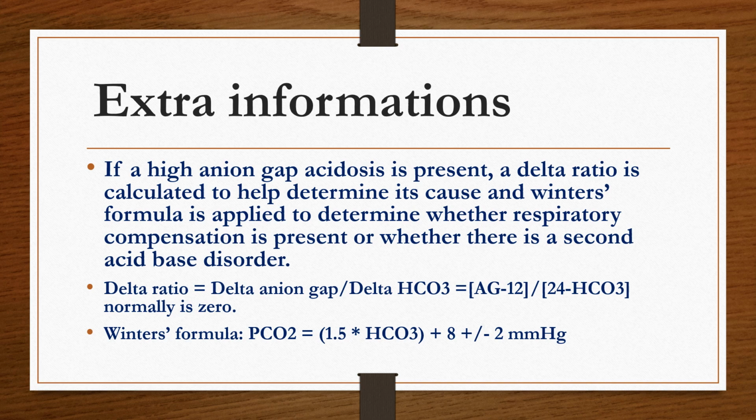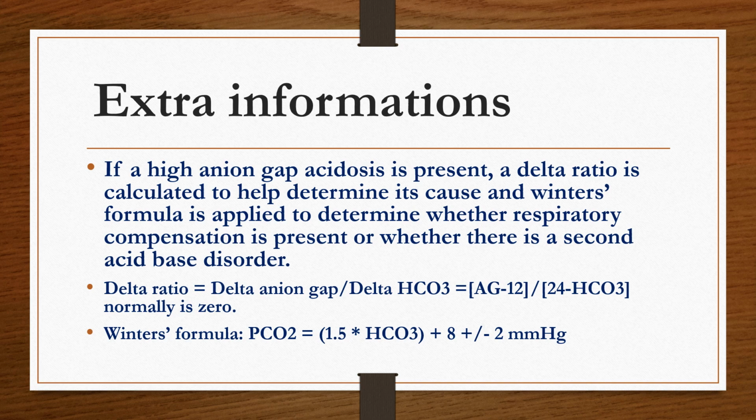So if the patient's actual PCO2, or the measured one, is the same as the calculated or the expected one. And guys, what is the measured or actual one? The one that we measured by taking a blood sample.